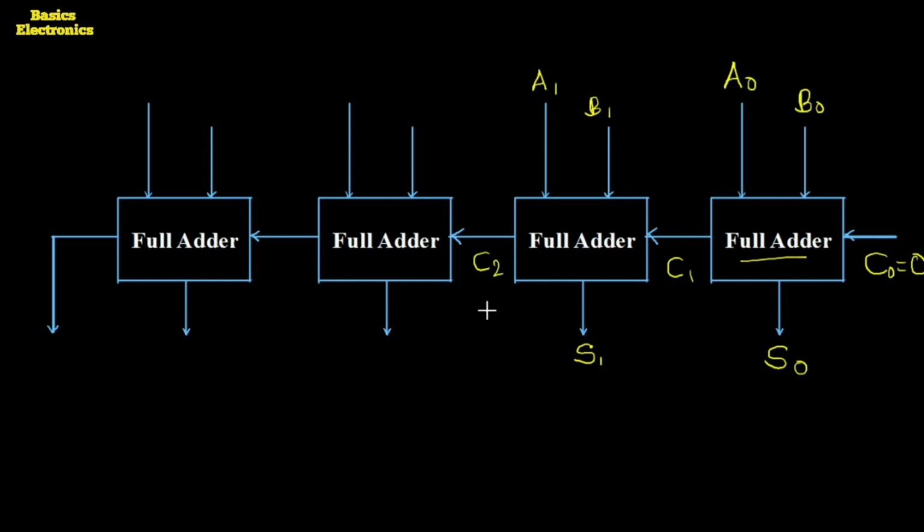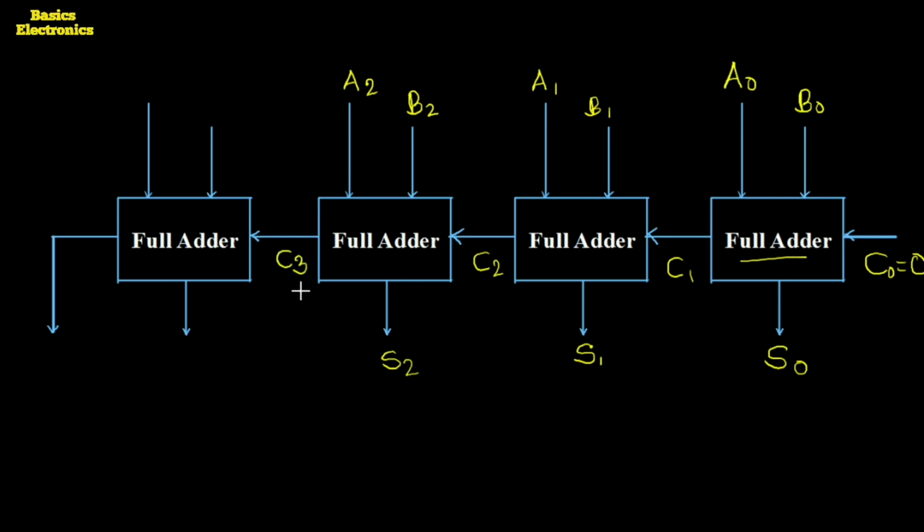This C2 is added to the next full adder, which performs the addition of A2, B2 and C2. It produces the output as sum S2 and generates the carry C3.